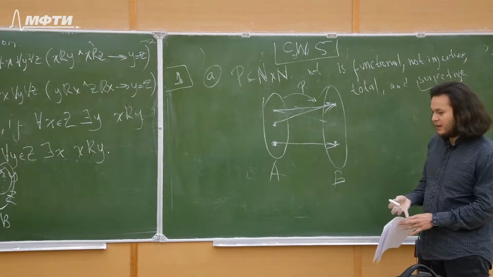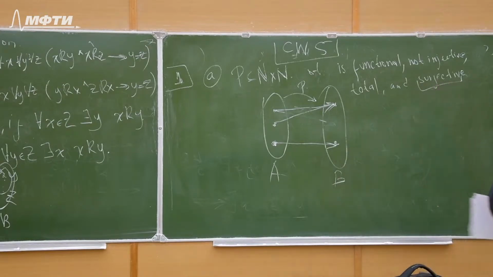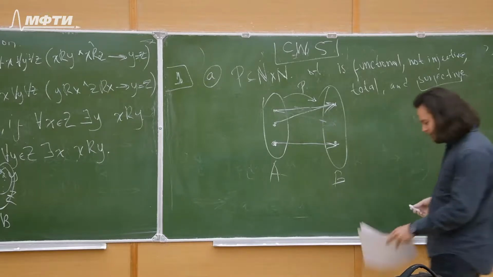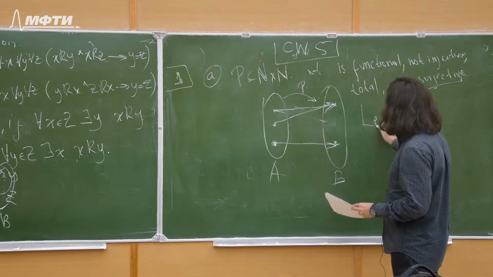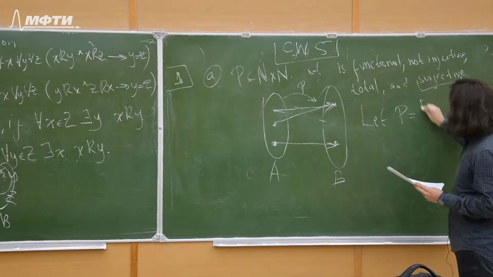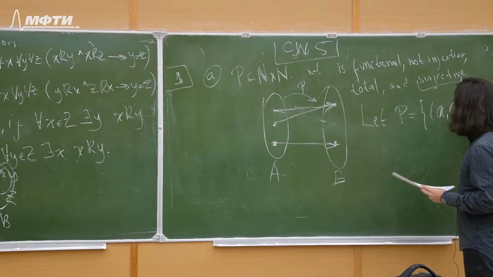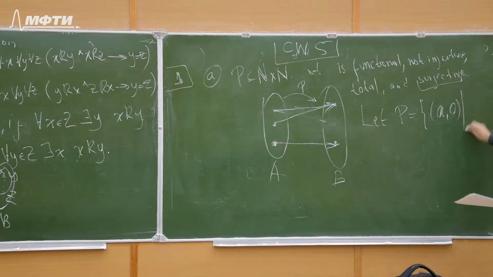Well, it's not easy. Okay, I don't know, for all the natural numbers, let's take this one. So let P be the following relation of A, for example, A 0, such that A is a natural number.